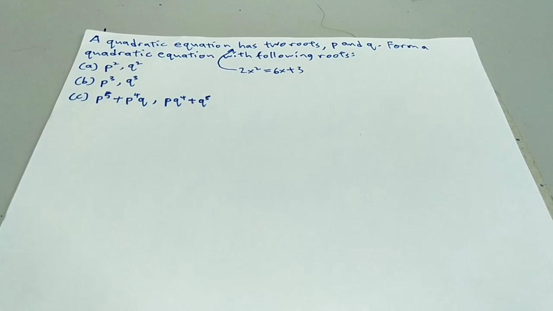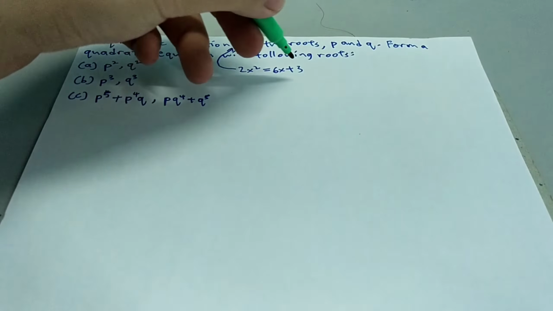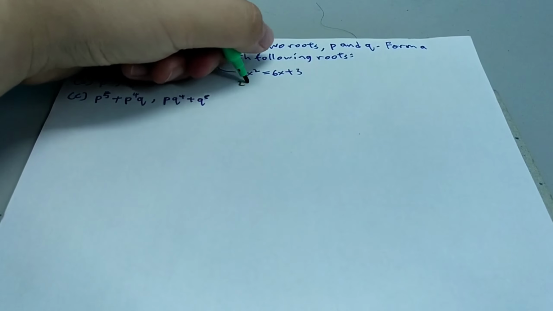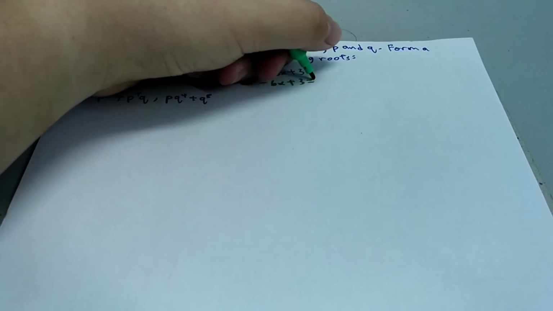I hope you solved the questions, and now here's how we're going to solve them. Before we solve questions A, B, and C, when we're forming an equation with given roots, we must identify the sum and the product of roots. In order to do that, I have to convert this into its general form: 2x squared minus 6x plus 3 equals 0.